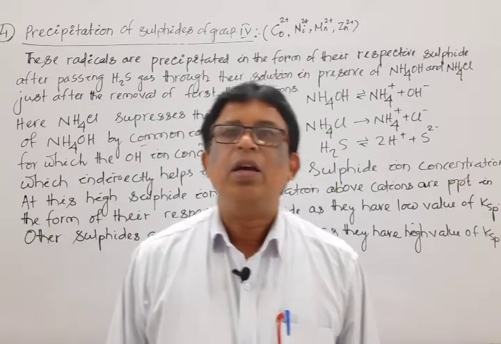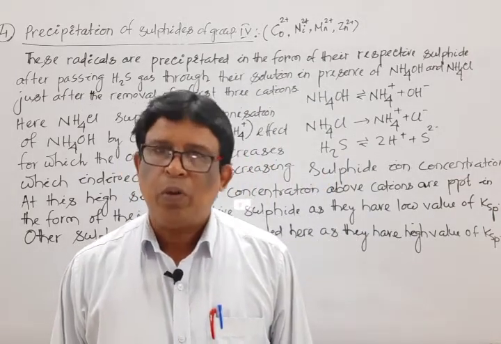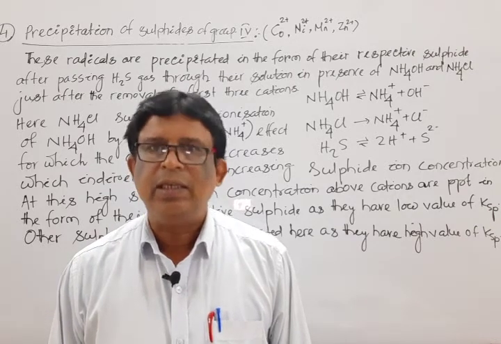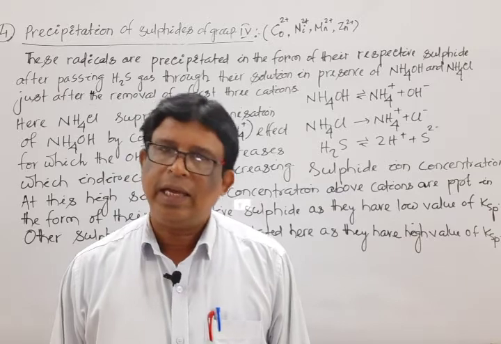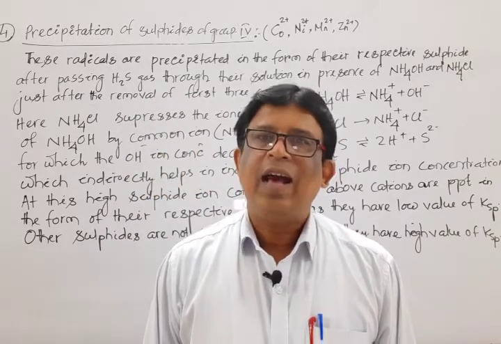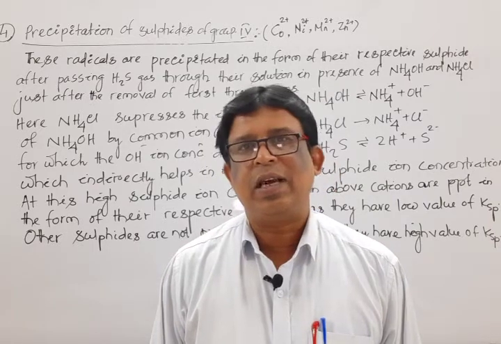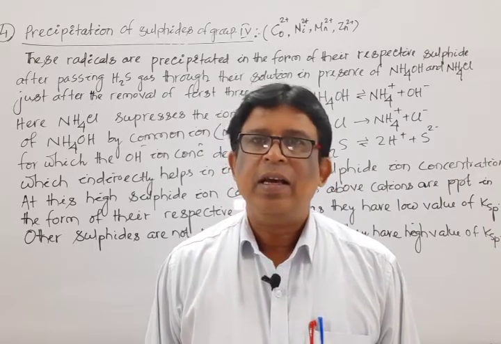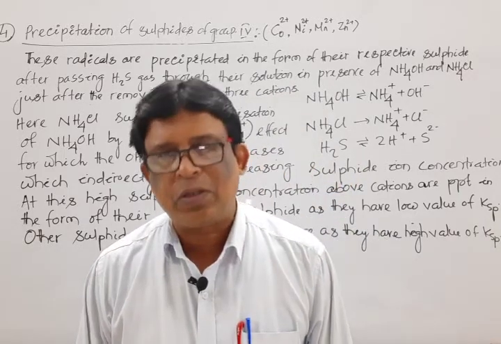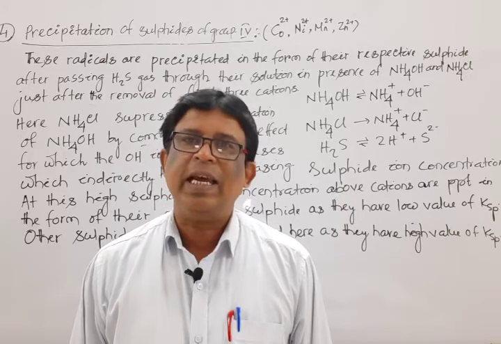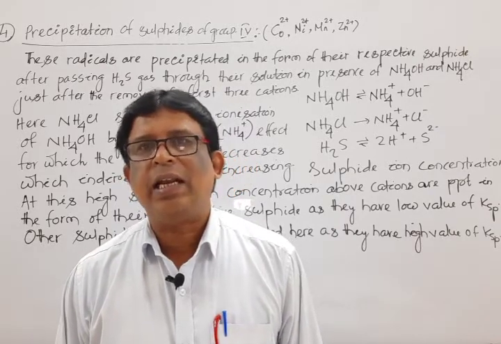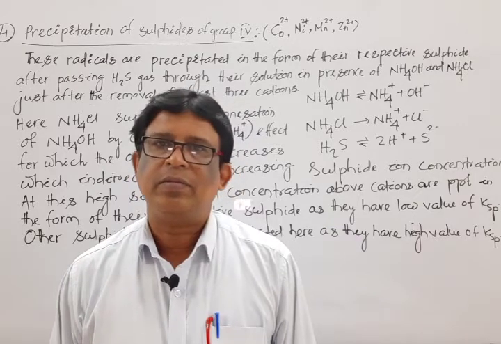I repeat again, the radicals under group 4 are manganese, zinc, cobalt, nickel, and the group reagent is ammonium hydroxide, ammonium chloride and H2S gas. Mark that. These radicals are precipitated in the form of their respective sulfides by passing H2S gas after the removal of first, second and third group cations.